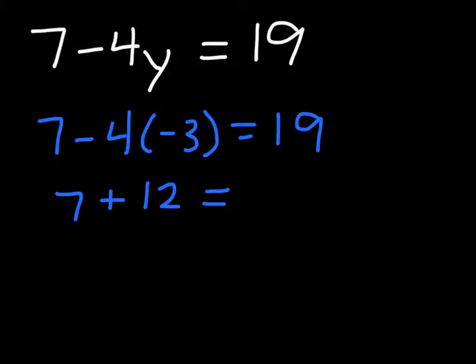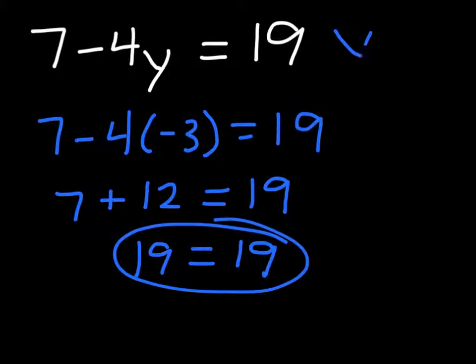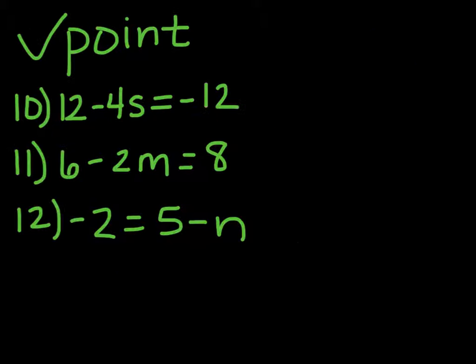Following the rules of multiplying integers, our two negatives become a positive. And 7 plus 12 does indeed equal 19. So we did our work correctly. y does equal -3. Now that we've worked one together, try these 3 problems with negative coefficients on your own. When you're finished, we'll close out this chapter with a word problem that we'll work through together.